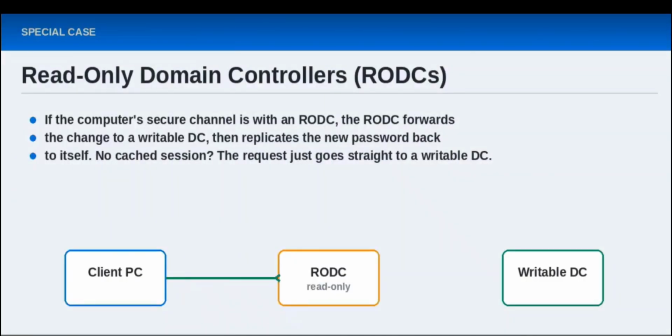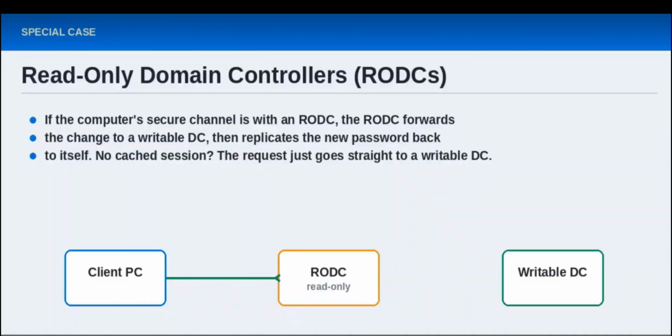So what happens with an RODC? RODC means read-only domain controller. One final scenario involves the read-only domain controller, or RODC. Since an RODC is not allowed to write password changes directly into Active Directory, it forwards the request to a writable domain controller.